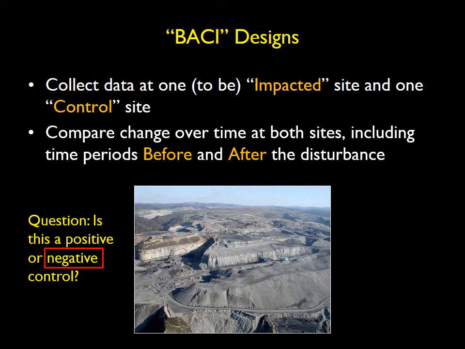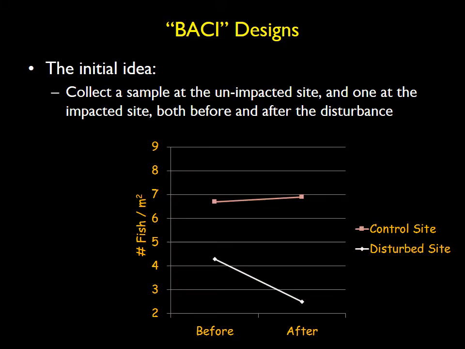So this is employment of a negative control. Sorry, got cut off on the slide before. So BACI actually uses a negative control, which there are some issues with, but in the absence of a pristine site to compare to, it might be useful.